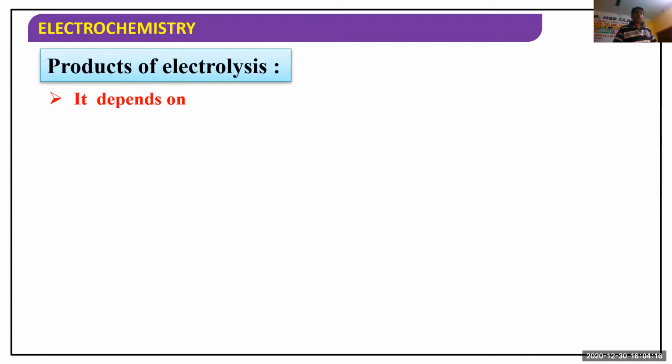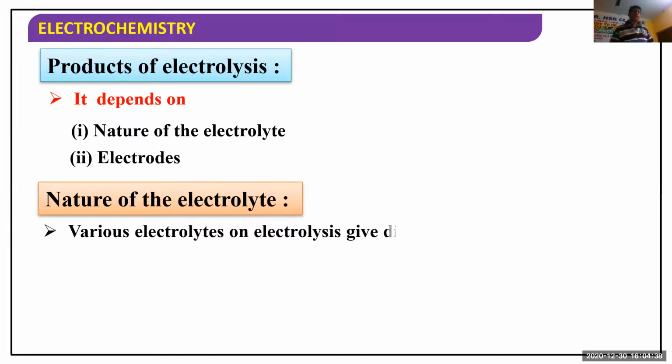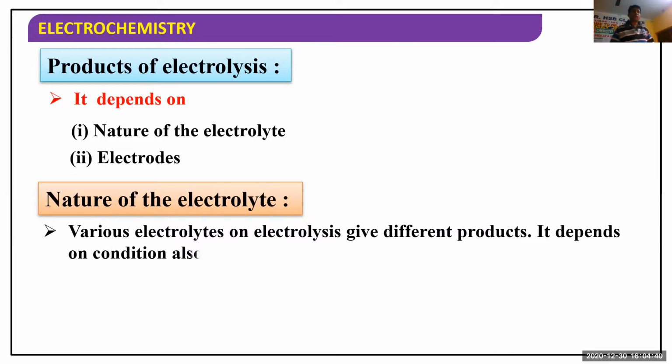The products of electrolysis depend on the nature of the electrolytes and the nature of the electrodes. Various electrolytes on electrolysis give different products. It depends on conditions also.